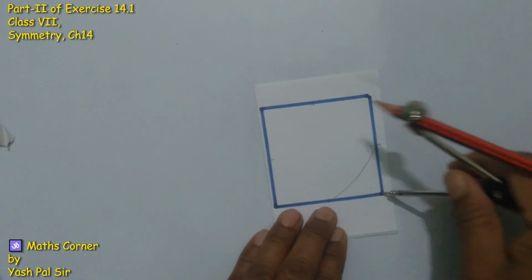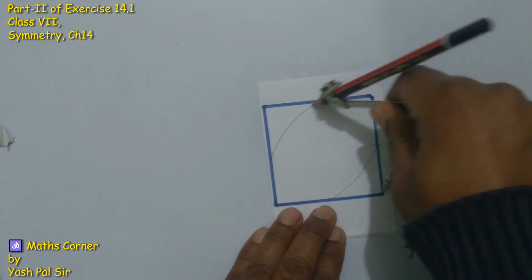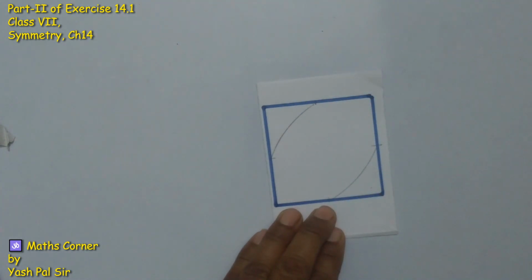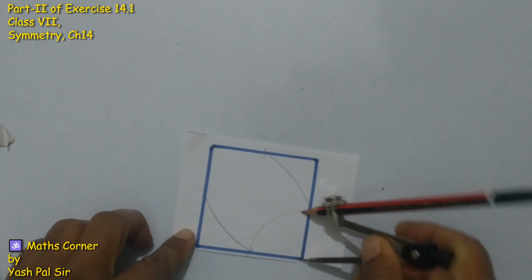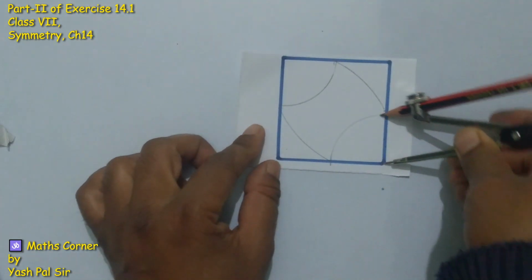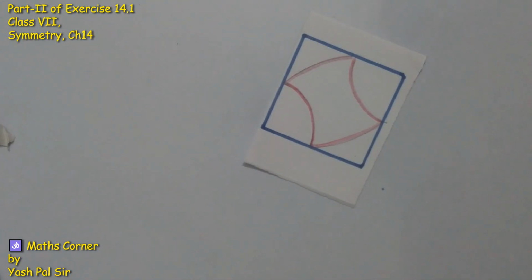From this side we have this shape. Now from here we have this shape, like this. This is the diagram. Now we have to find the lines of symmetry of this figure.